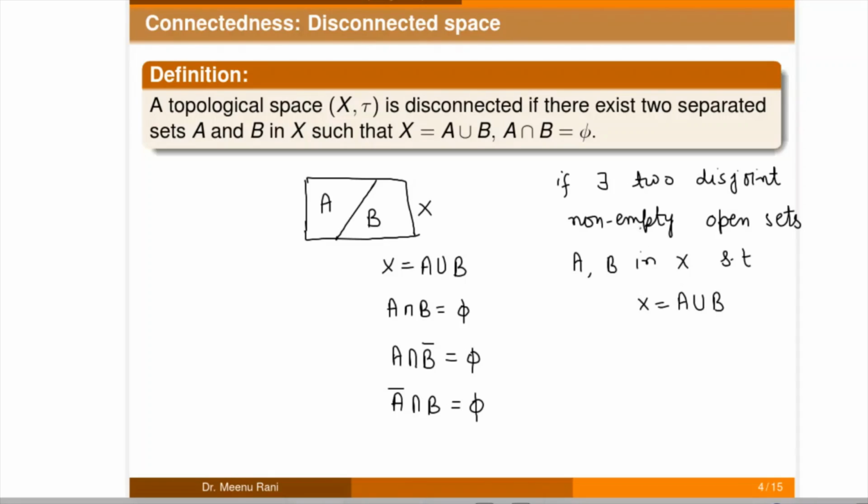Because two disjoint non-empty open sets are separated sets, so we can write X as a union of these two separated sets. So X is a disconnected space.